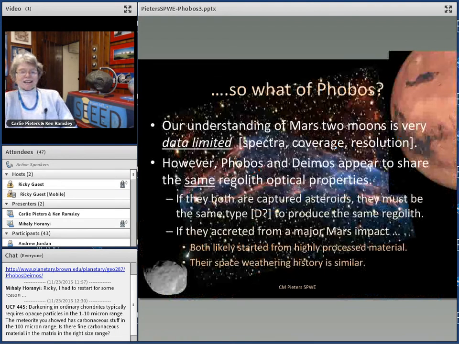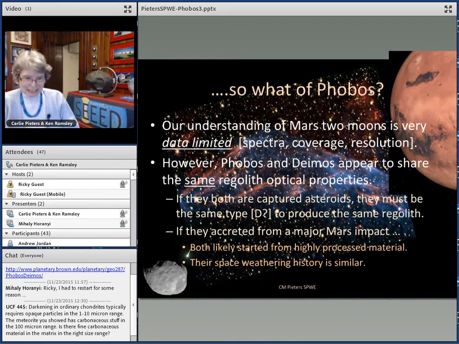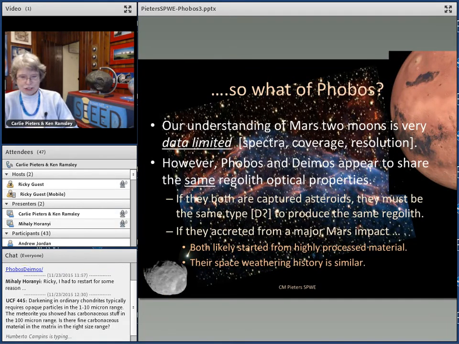Our understanding of Mars' two moons is very, very data limited, both in spectral character, coverage, spatial and spectral resolution. However, we do know that Phobos and Deimos appear to share the same regolith. Phobos and Deimos basically look alike. So somehow this is linked to their origin and their evolution where they are.